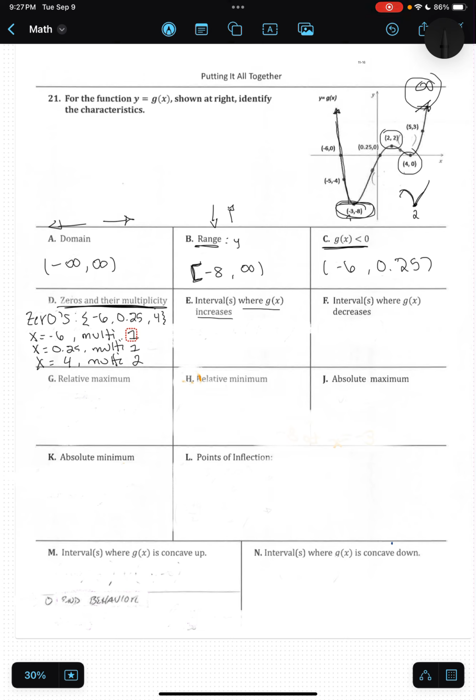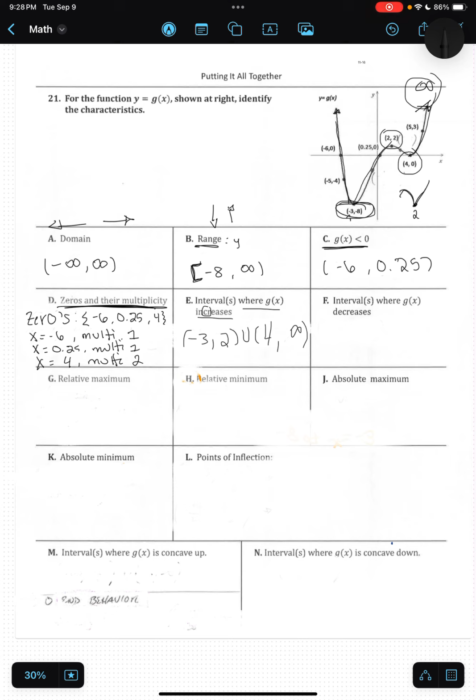It's going down here, but then it begins to increase up here, then decreases, and then increases from 4 to positive infinity. So our numbers are as follows. Negative 3 to 2, union, because we need to unite those two places where it increases. And don't forget, increases has a C, which means parentheses. Okay? And then 4 to infinity.